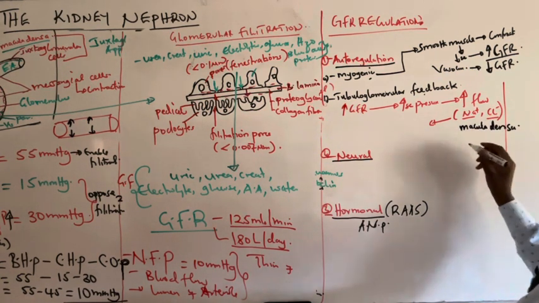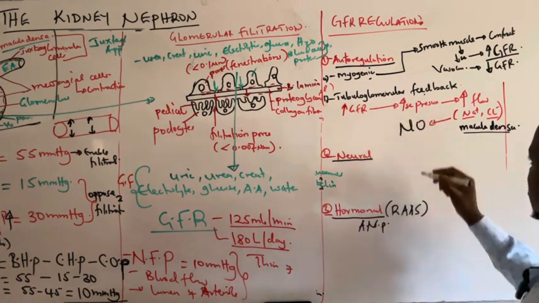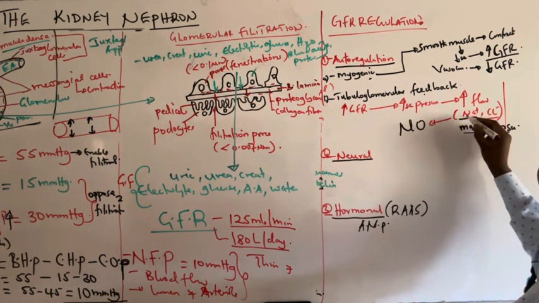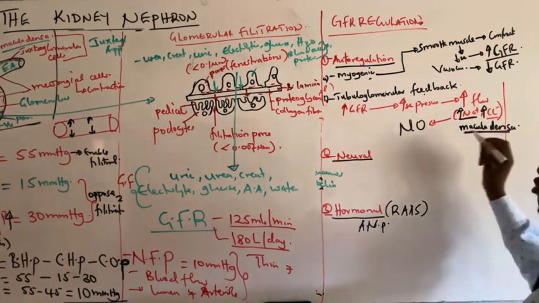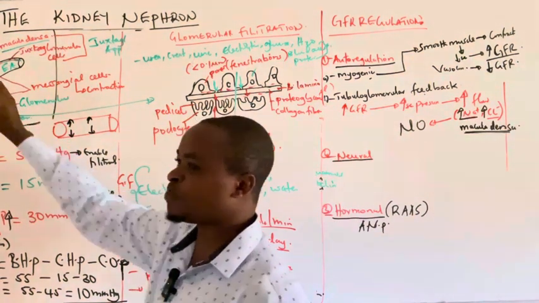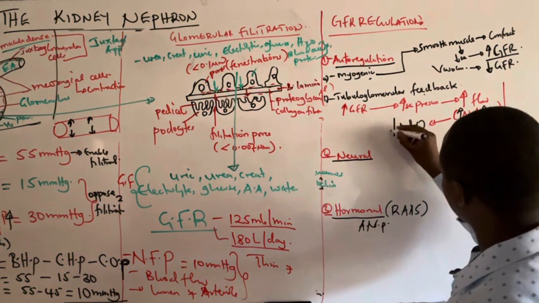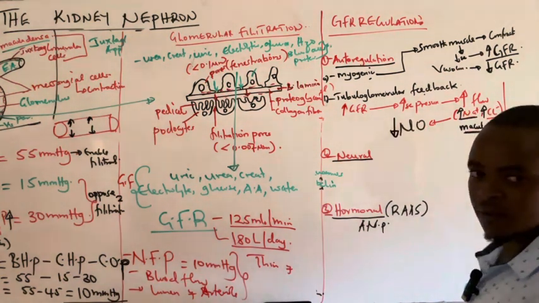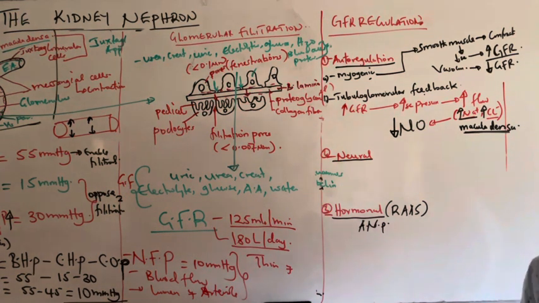And this macula densa is responsible for producing nitric oxide. So whenever there is an increase in sodium and chloride detected by the macula densa, it reduces production of nitric oxide. And we know that nitric oxide is responsible for vasodilatation.